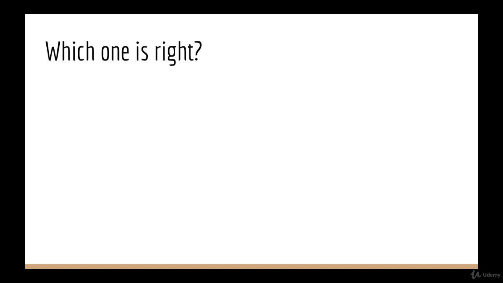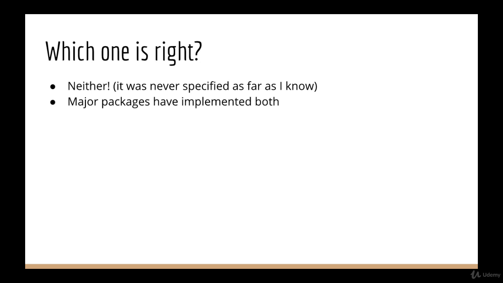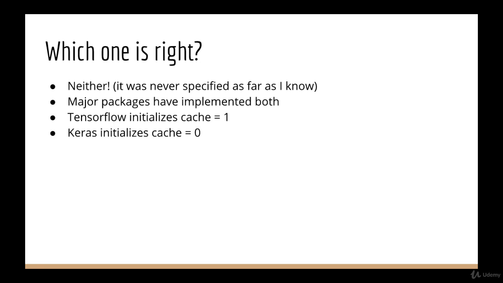Now you might ask, well, which one is the correct way? And we can't really say because it was never specified. What I can tell you is that there are some very major packages that have implemented them both ways, so it's not as if one is more correct than the other. For example, in TensorFlow, the cache is initialized to 1. In Keras, the cache is initialized to 0.